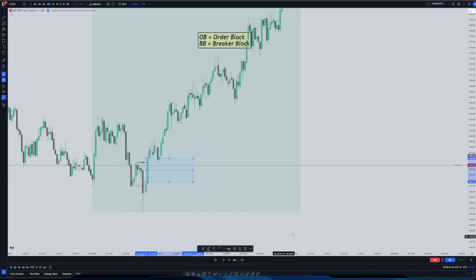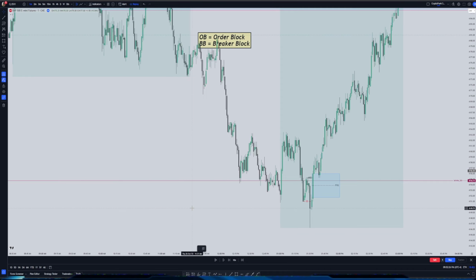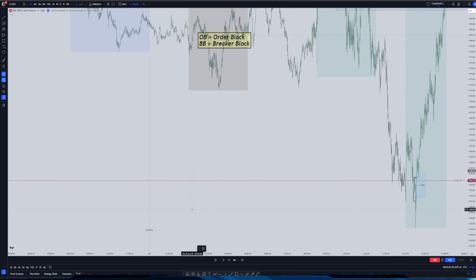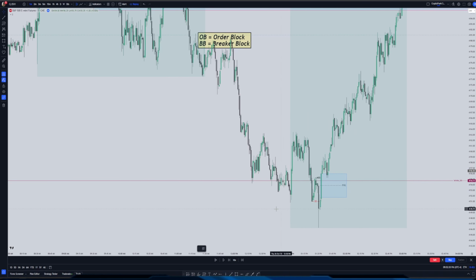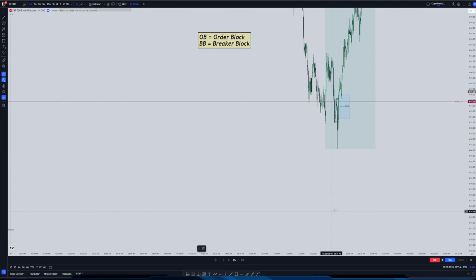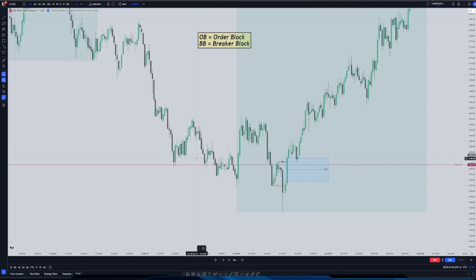So we want to see something like this: price taking a major liquidity inside of a daily fair value gap. Remember, I just removed that fair value gap to make the chart clear. So inside of a daily fair value gap, which is a huge confluence, it gave a market structure shift, retested that fair value gap, entry here, stop loss for a conservative entry.